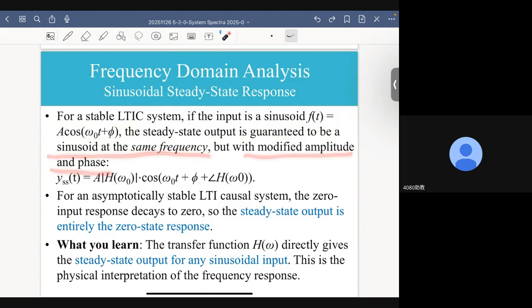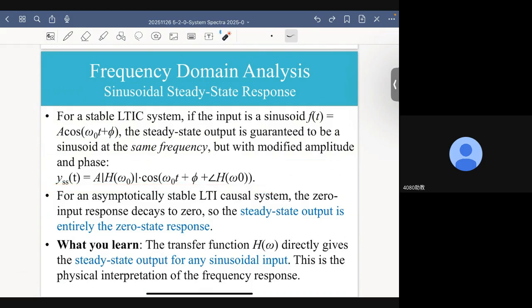The first thing we can be sure of is that the steady state output is also a sinusoidal signal. And more importantly, it's not just any sinusoidal signal. It's a sinusoidal signal that has the same frequency as the input signal. And the output will look something like this.